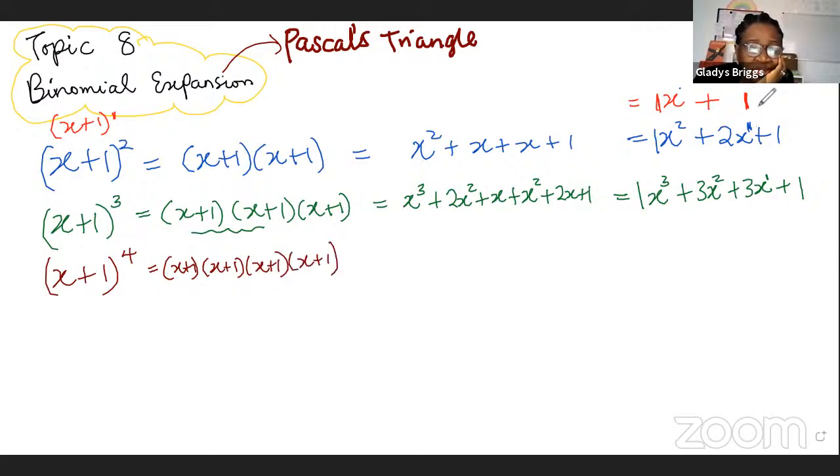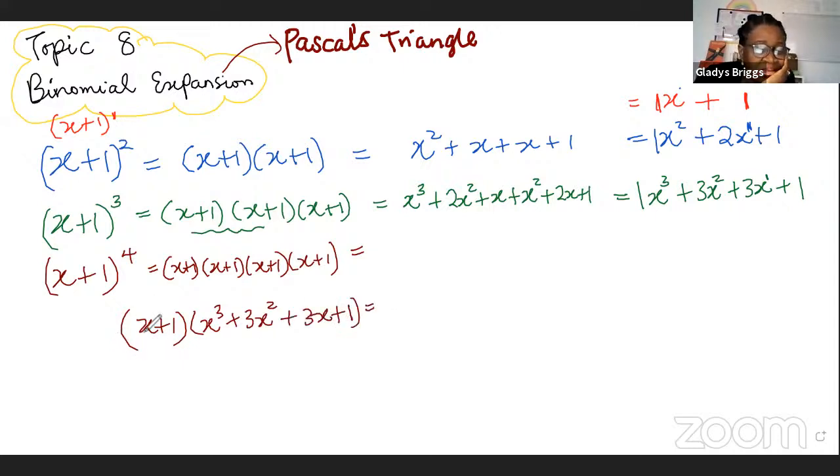Let's see. Did any of you get it? So you already know that this one is x cubed plus 3x squared plus 3x plus 1, so you can just do x plus 1 times that.